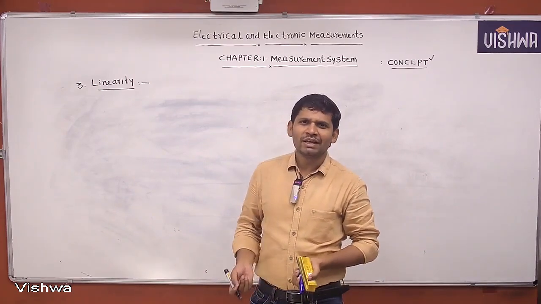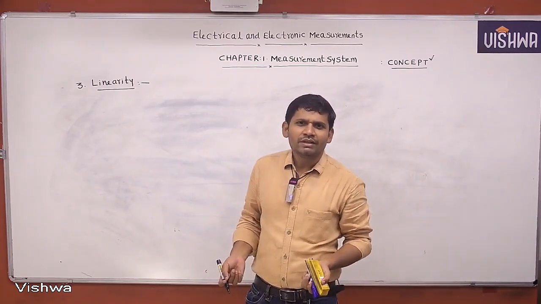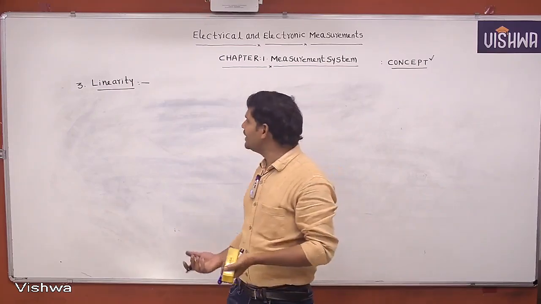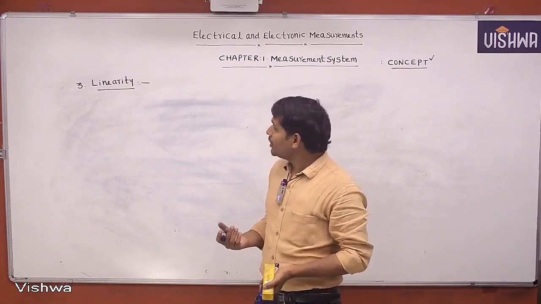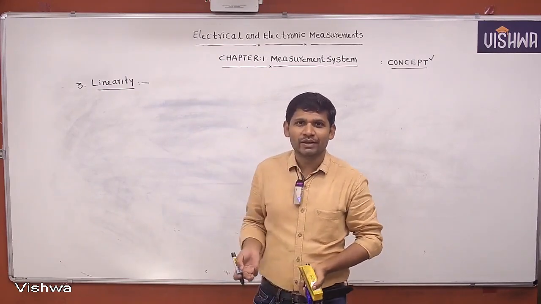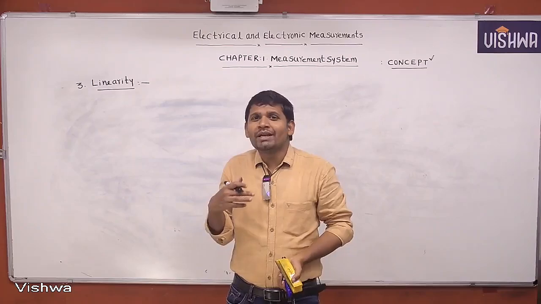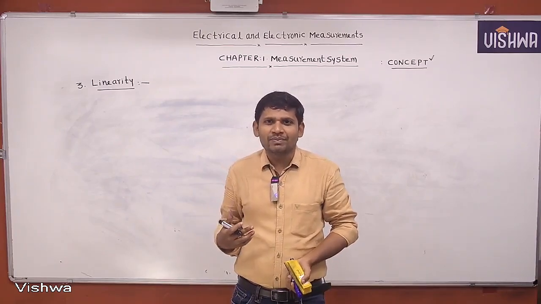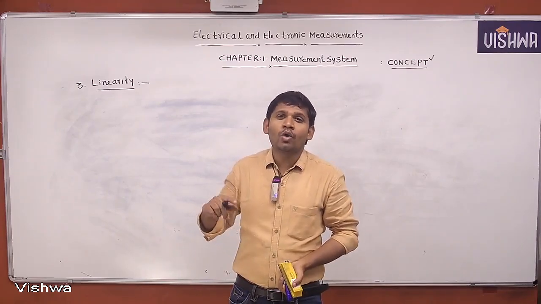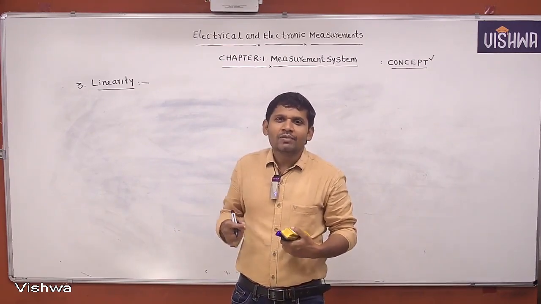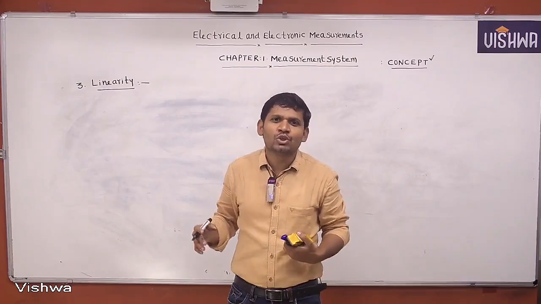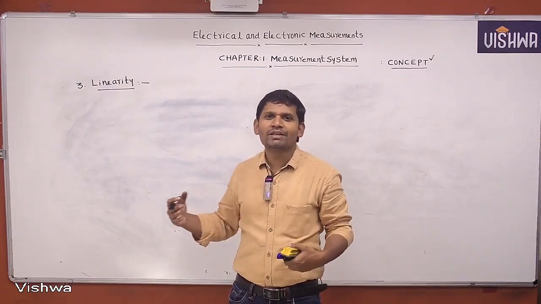You know a linear element is one which satisfies both the superposition and homogeneity principles. But here I am talking about linearity of an instrument. An instrument is said to be linear if the output follows the input, whatever output we are measuring. Then we can say that instrument is a linear instrument.